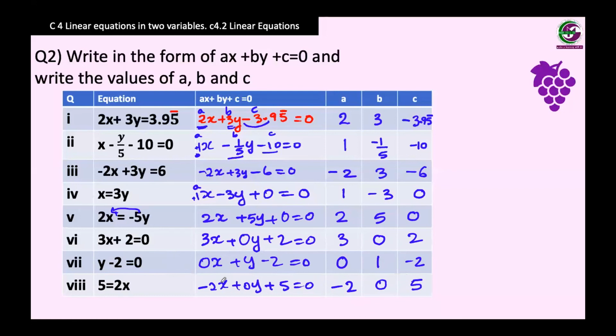Just have a look at it. The important thing is we have to write x terms first. Doesn't matter where it is in the given question, but you have to rearrange in a form that you will get x in the beginning. Then y, then the constant, and all the right side should be 0. And don't forget to take the negative if any of the constants or the coefficients are negative.